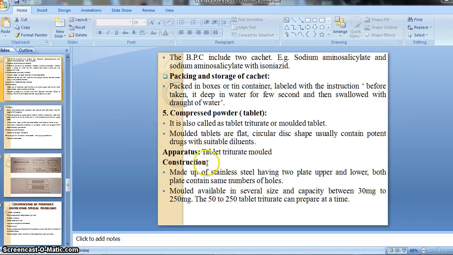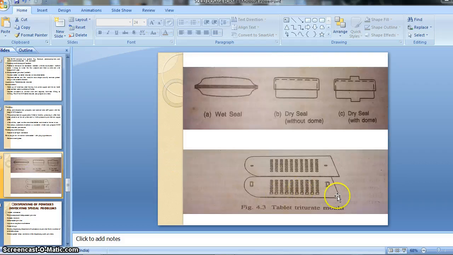So there is some construction regarding this apparatus.